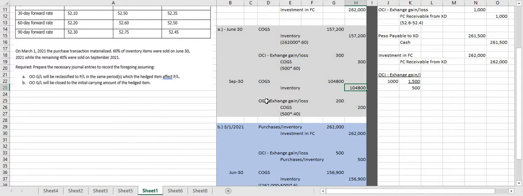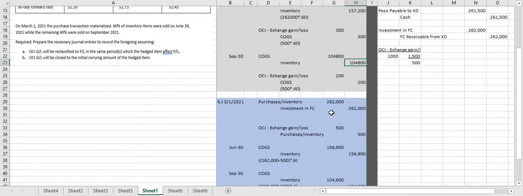That's debit OCI, credit tayo ng cost of goods sold for the remaining 200, or 500 times 40%. So this is how you reclassify the balance of your OCI exchange gain or loss for the option A, as provided by the standard.